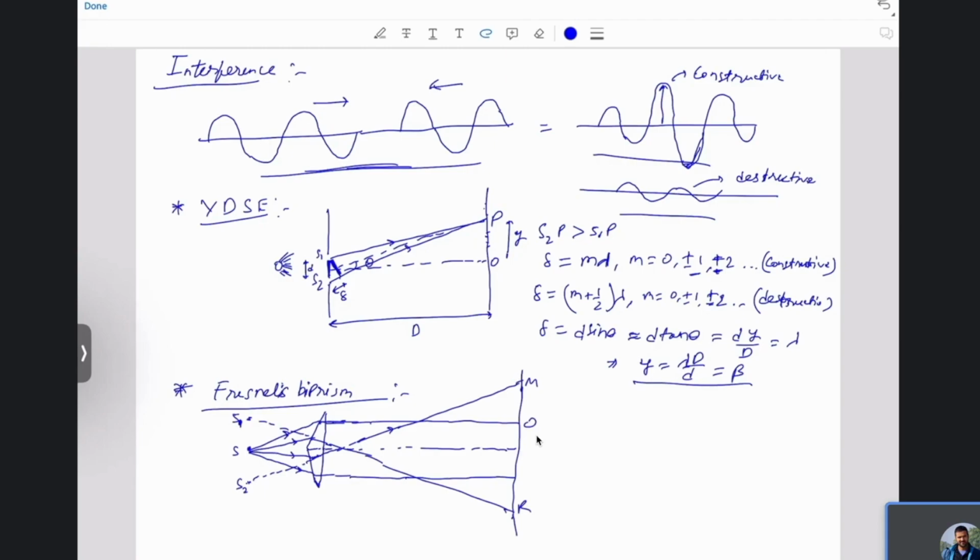Also, since the path length is different for the light rays coming from these two virtual sources, there will be diffraction in this region from O to suppose P. It's called OP, and this is called the illuminated region of the Fresnel biprism.